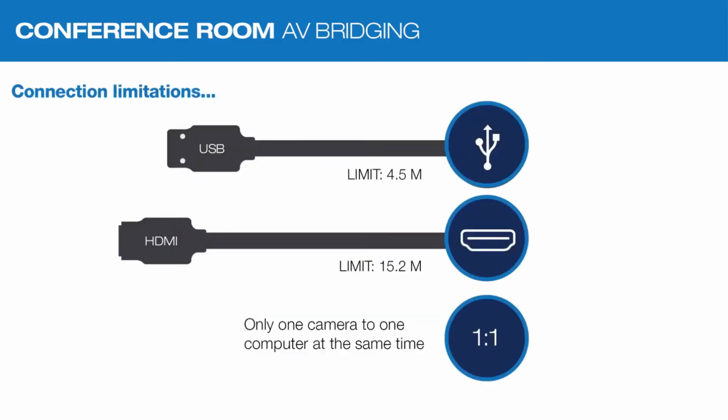The problem is that the AV industry uses these connections in ways that they're not really designed for. Both USB and HDMI have length limitations, and they are designed to be one-to-one, point-to-point connections. Normally, they can't be terminated on site. This also causes headaches for the purchasing department and the commissioners.